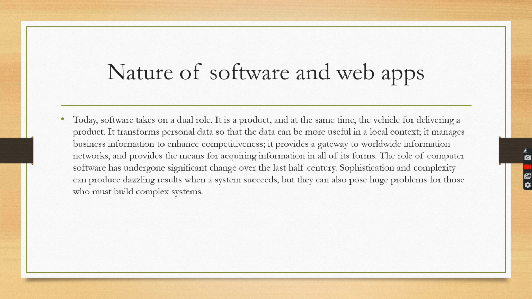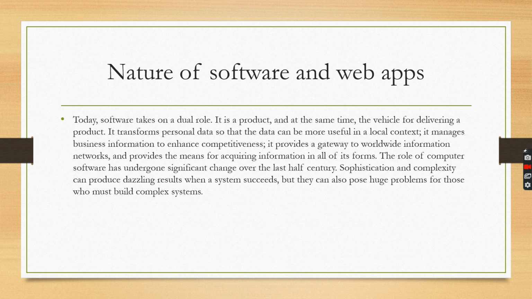It manages business information to enhance competitiveness, and also provides a gateway to worldwide information networks. At the same time, it also provides the means for acquiring information in all its forms, be it from the internet or from any other sources.